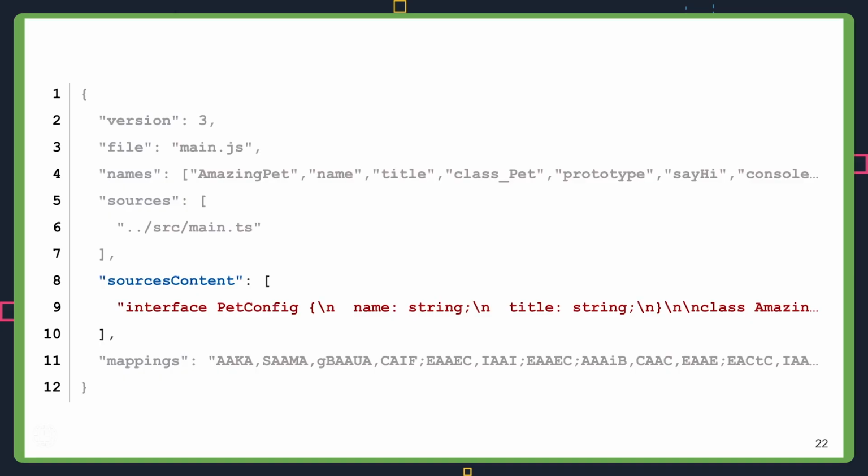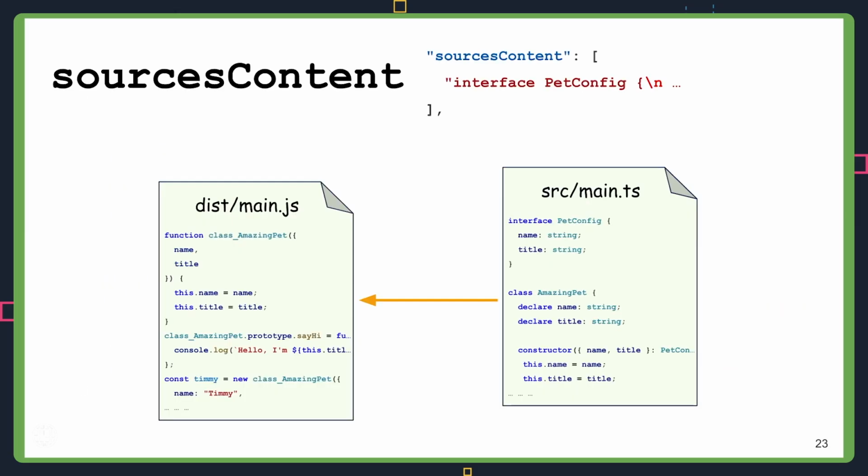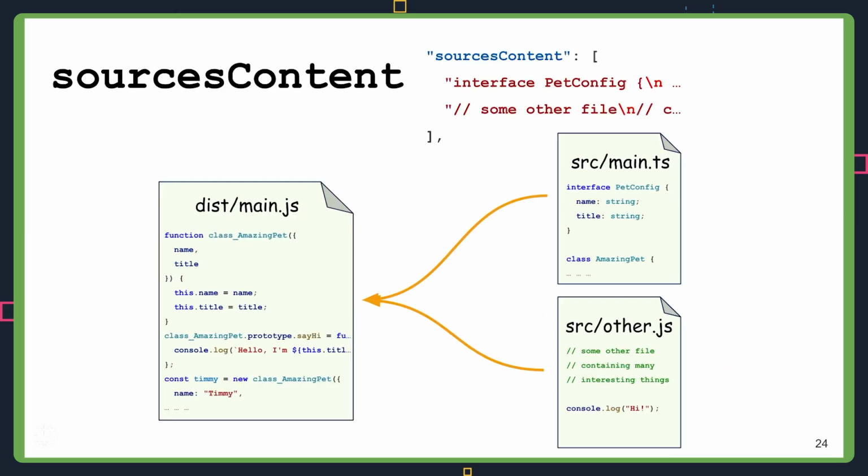Other than sources, we have the contents of the sources, that tells us what was originally in those files. And again, we might have just one source, or we might have multiple sources. This is not actually always there. Sometimes it's just missing, and the assumption is DevTools will find the main.ts file on disk rather than in the source map.